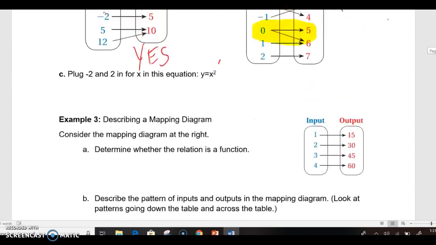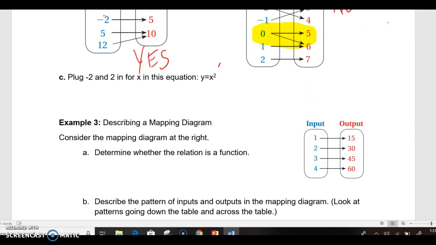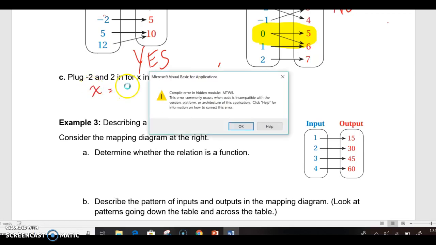Okay, moving on to example C. This one says plug -2 and +2 in for x in the equation y equals x squared. So really what they're asking us to do here is to evaluate the function. Let's first evaluate the function when x equals -2.